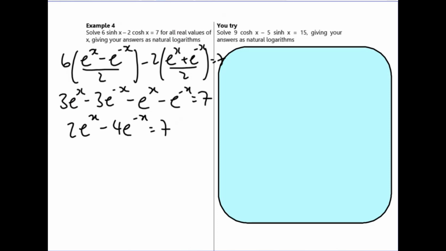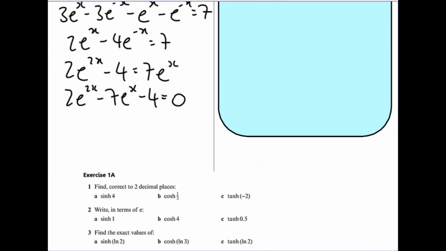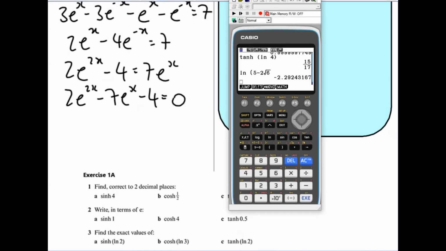And I'm going to do what we did before, times it through by e to the x to turn it into a disguised quadratic. Bring that 7 e to the x across and make it equal to 0. So we've got a disguised quadratic here in e to the x. We're going to solve this on our calculator.